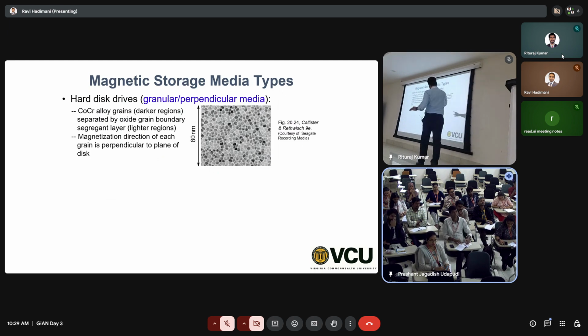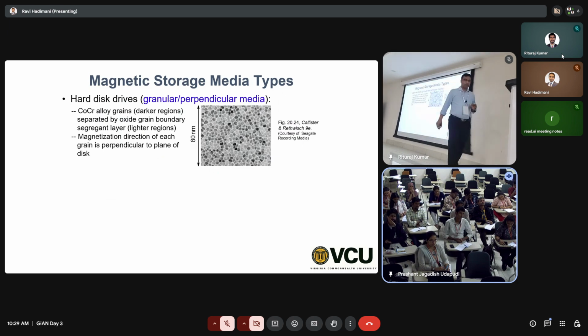Each of them can be considered as a domain, but they are also grains. So these are polycrystalline samples with different grains, and each grain is a domain. Okay, so you can magnetize each domain or group of domains, these domains up and these domains down.